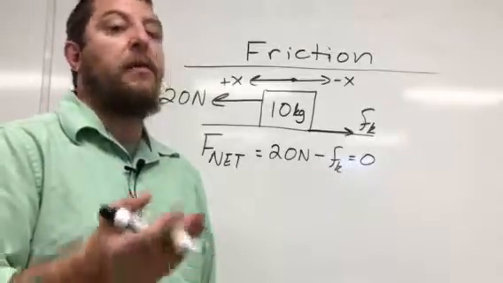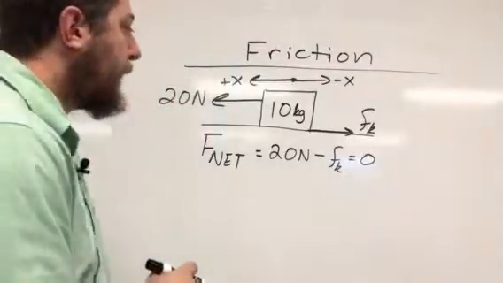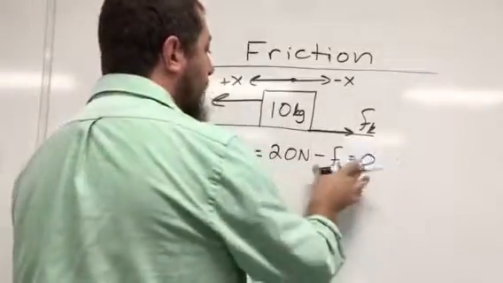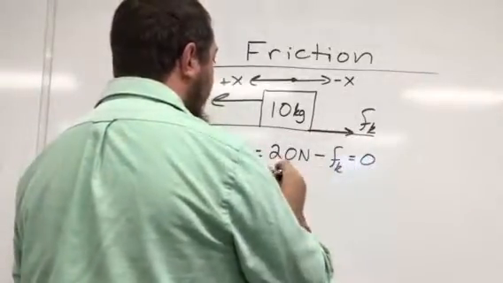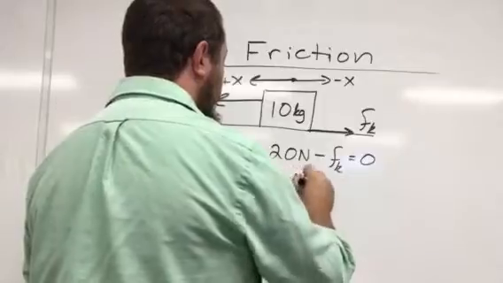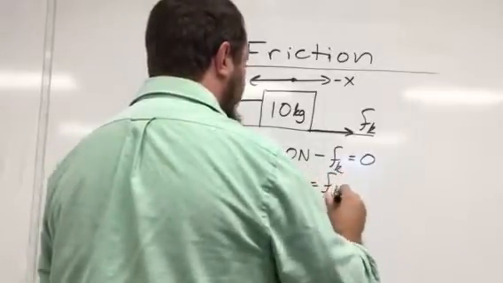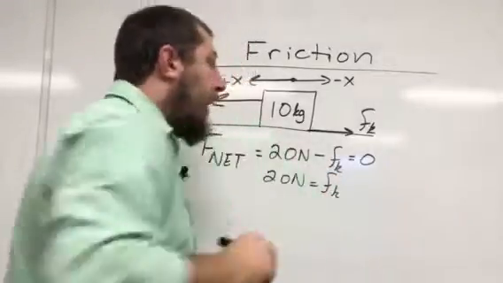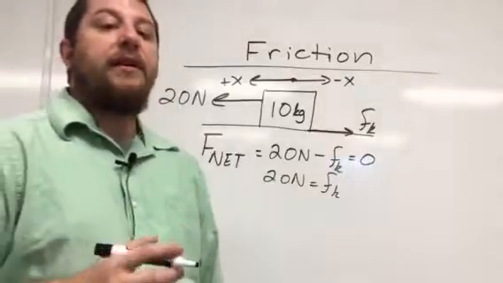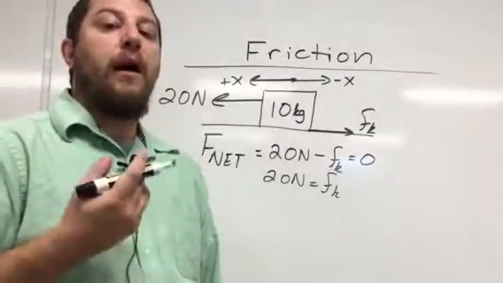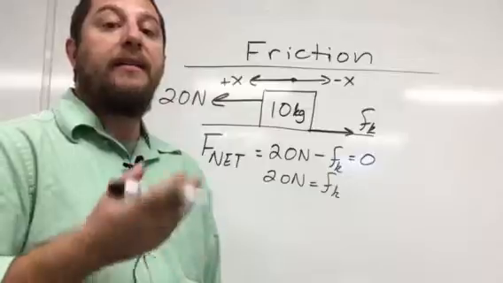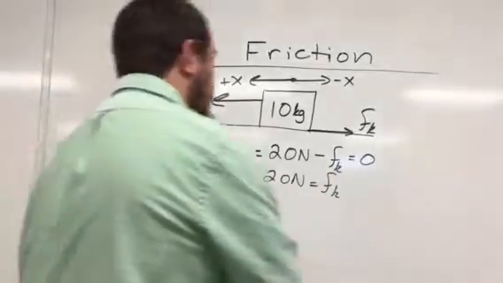If acceleration is 0, ma is 0, right? And so now what I can do is say that this 20 newtons is going to equal the force of kinetic friction. And the force of kinetic friction is, of course, less than or equal to mu sub k times n. We will take the equal sign.